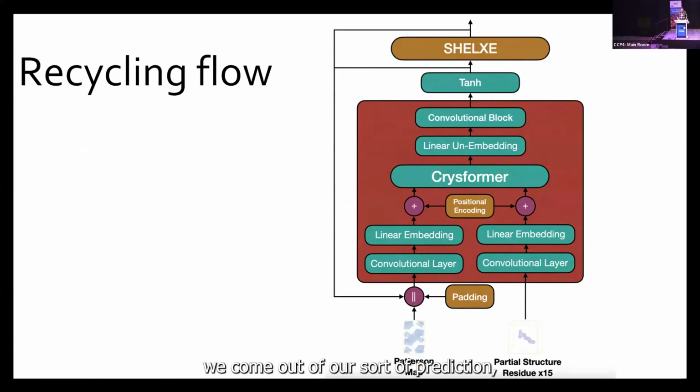After we come out of our prediction, we can take our prediction back in as a starting input, or we can run it through ShellXE, do some density modification, and then run it back in.